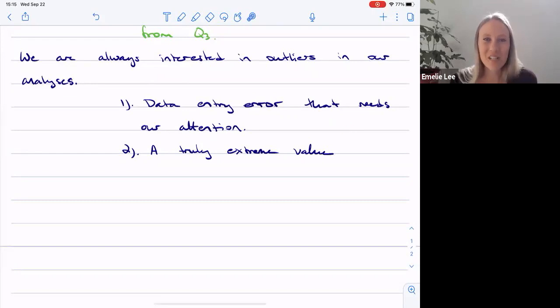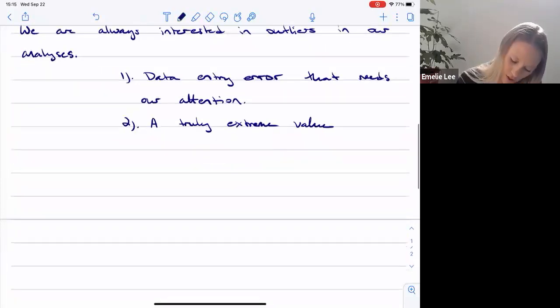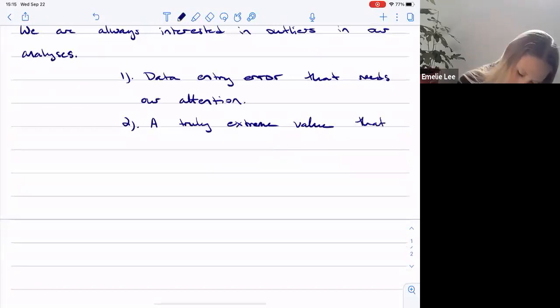But essentially in our analyses, we're interested in those extreme values. How did those happen? Usually we're not concerned so much, oh yeah, everyone's doing this. We want to know about these extreme values, right? And so a truly extreme value that should be looked into, that we should analyze further.